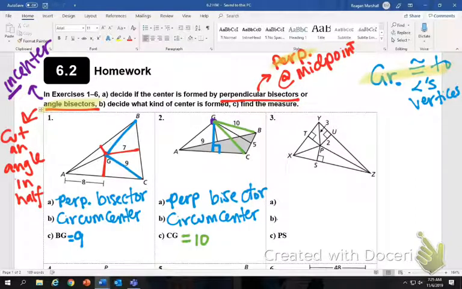This next one, you need to ask, are they perpendicular bisectors? That would mean these points on the side of the triangle would have to be at the midpoint. I'm going to tell you right now that this is definitely not the midpoint, because U is not in the middle. So if it's not perpendicular bisectors, you can always ask yourself, do you have angle bisectors?